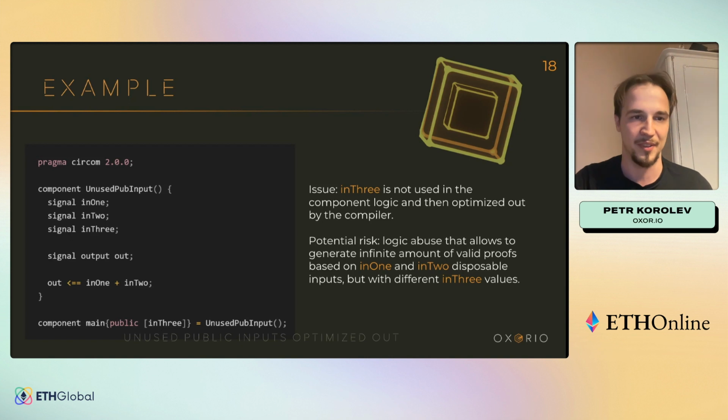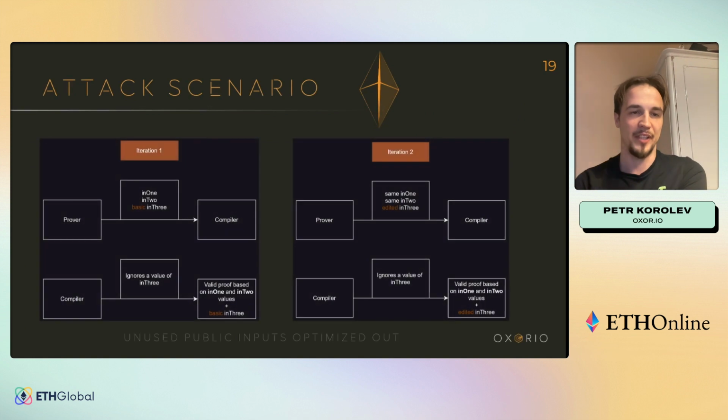In this example, signal 3 can be any value, and if he provides input 1 and input 2, which are correct, he can use any public input 3.